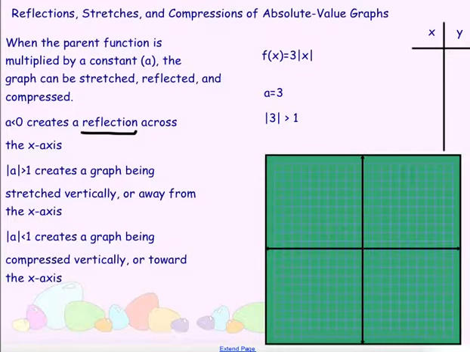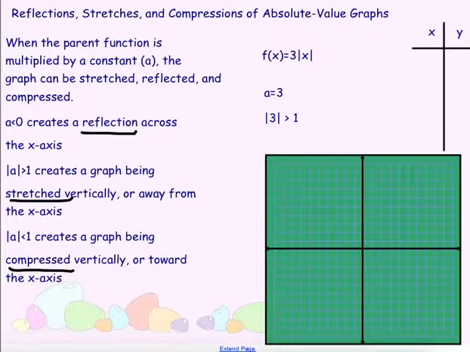Now, if the absolute value of a is greater than 1, so if we're looking at a 2, 3, 4, 5, or even a -2, -3, -4, -5, we are going to be stretching. Okay, once again, just like we have with any of our other parent functions. And if it's less than 1, we are going to compress. So if we have a fraction, a smaller number, it's going to be compressing our function. Remember, that's getting it closer and closer to that x-axis.